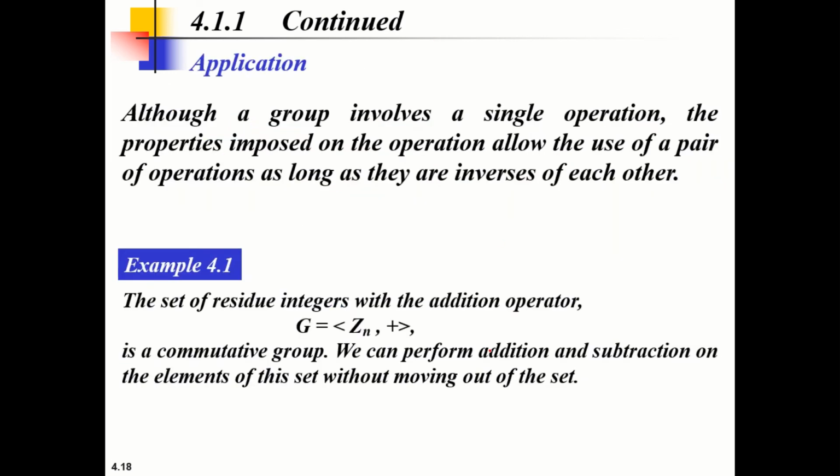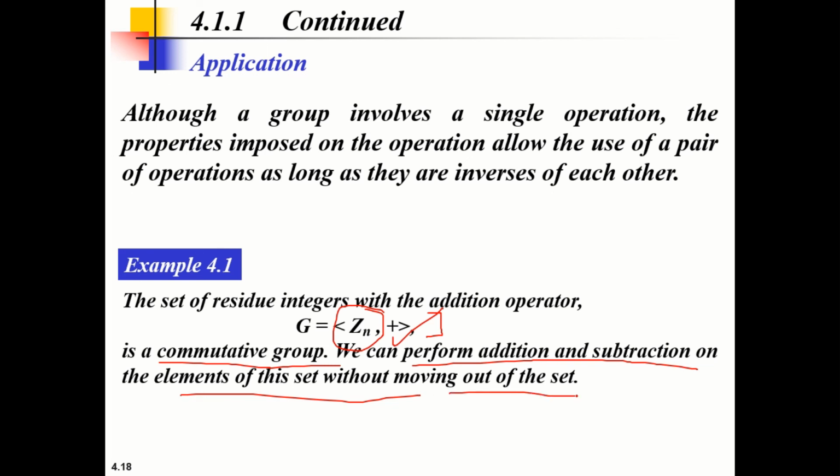Now this is again the same thing, the application, the operations which I have already shown you. If you have this set of integers and the operation is the addition operation, then we can say that this will be a commutative group as well. So we can perform addition and subtraction on the elements of this set without moving out of the set.